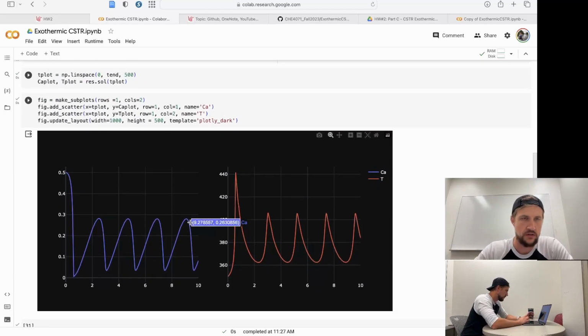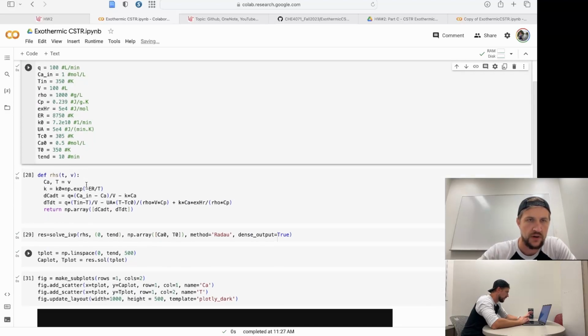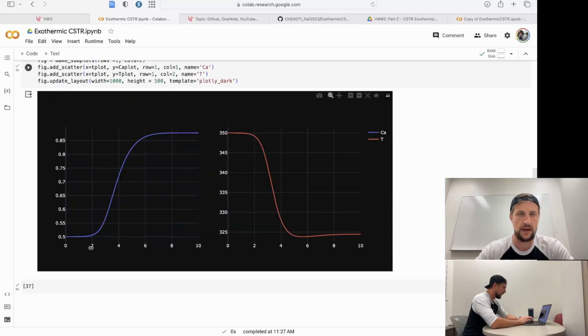Now what's incredible about this is just changing our coolant temperature. Initially it was at 300, and we have a pretty steady situation happening here.